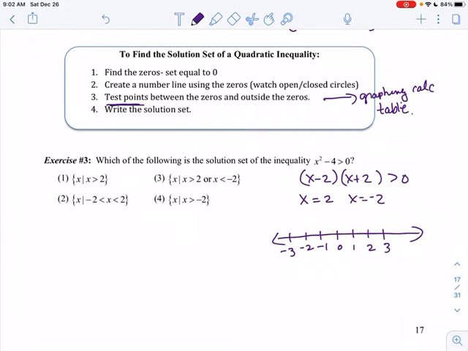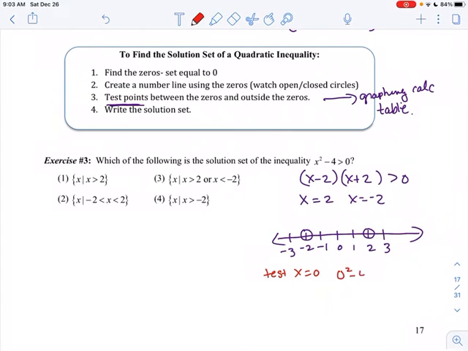I want to test out, and this is going to be an open circle, okay, -2 and 2. I want to test out a solution that's between them, okay, so let's test out when x equals 0. All right, so I'm going to put in 0 for x.